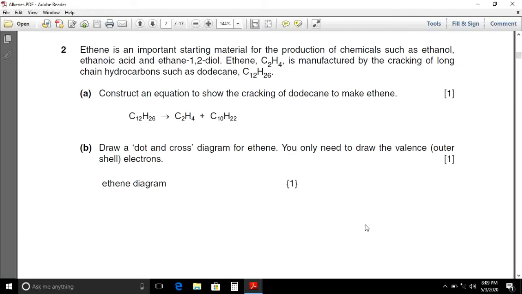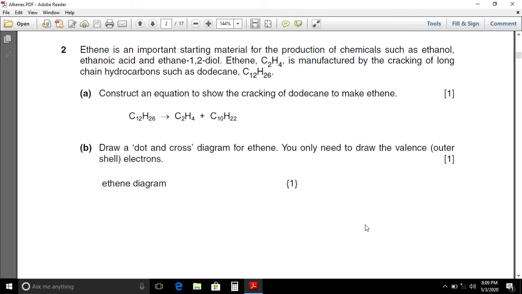Part a: construct an equation to show the cracking of dodecane to make ethene. C12H26, the molecular formula of dodecane, gives 2 C2H4 plus C10H22. Any balanced equation showing ethene and other possible alkanes and alkenes is acceptable.